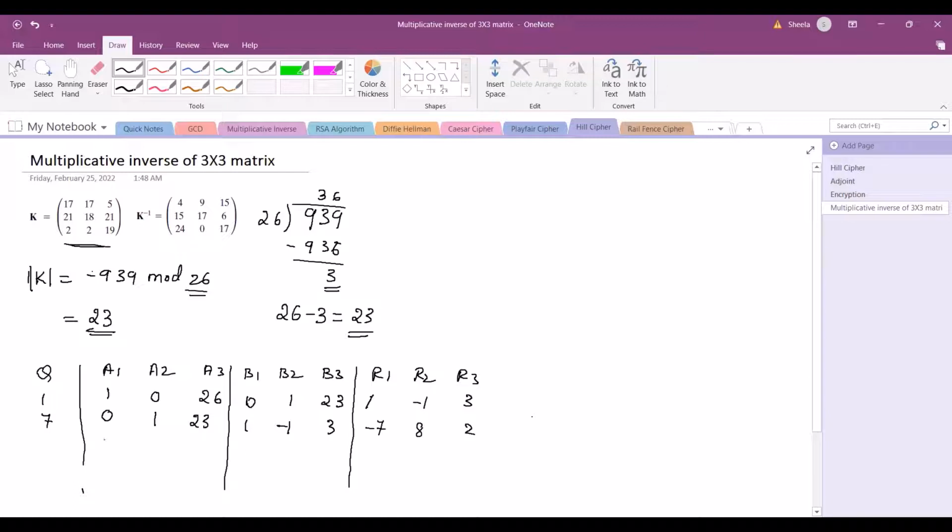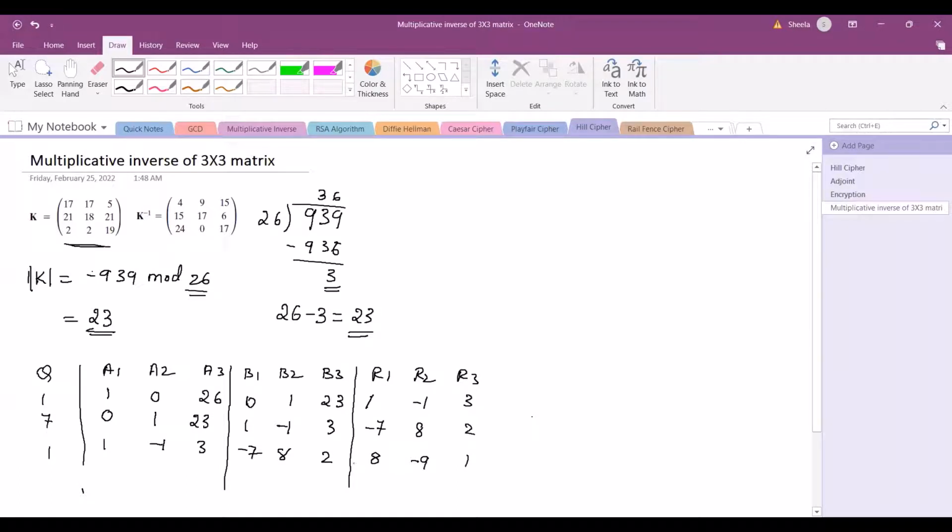While repeating, this will become A, and this will become B, and find the quotient. 3 divided by 2, the quotient is 1 and the remainder is 1. According to that, we are going to get R1 and R2 as 8 and minus 9.